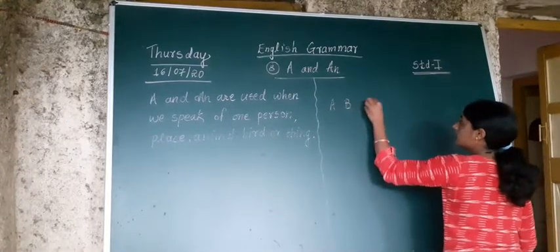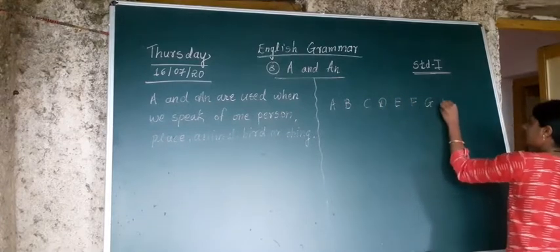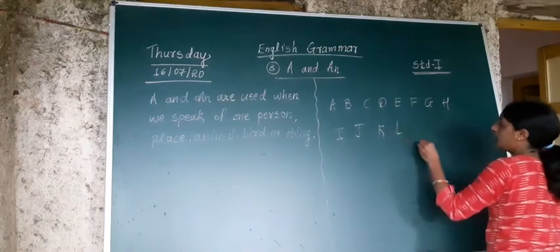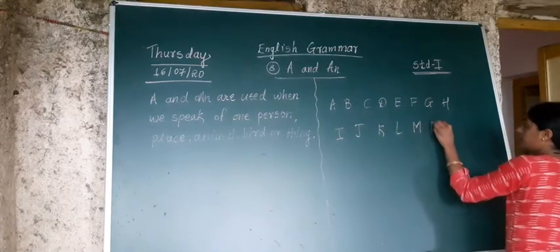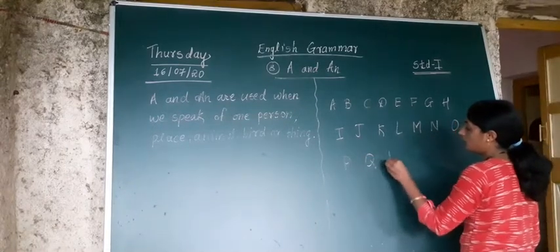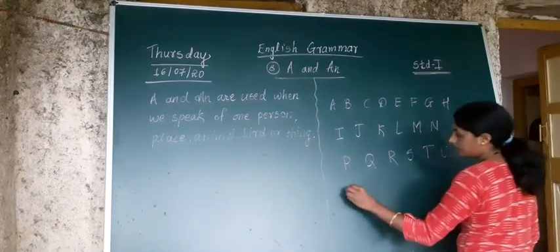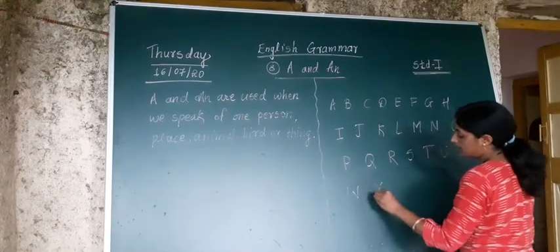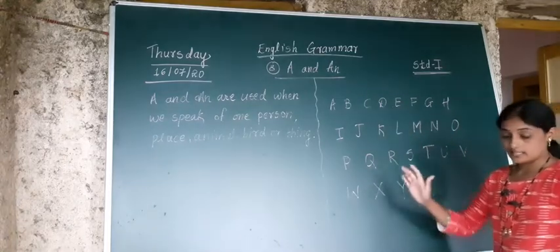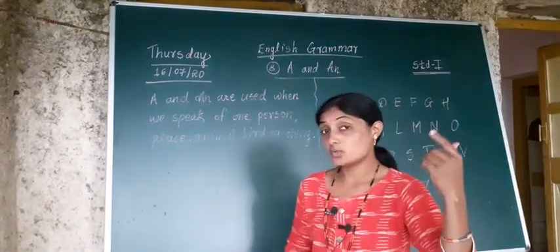A, B, C, D, E, F, G, H, I, J, K, L, M, N, O, P, Q, R, S, T, U, V, W, X, Y and Z. Total how many letters are there? There are 26 letters.